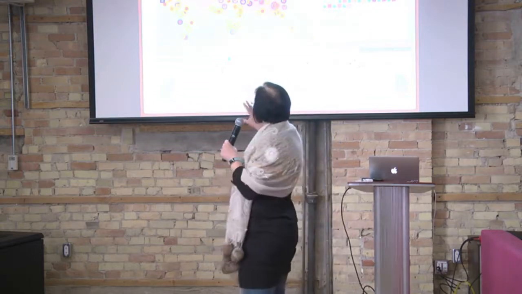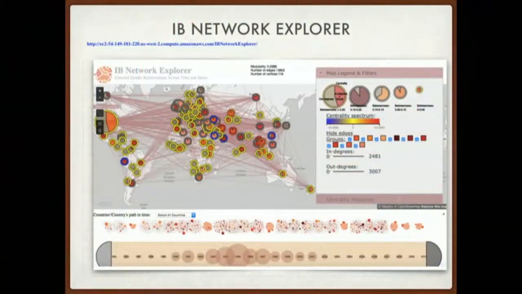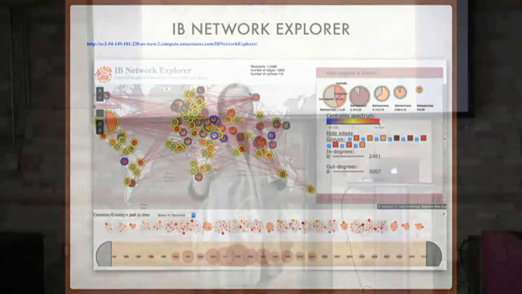Also, each bubble encodes several attributes. So you can see a fraction of in and out relationships. The gray or khaki color shows out relationships, and other colors represent inner relationships. These other colors also represent groups.